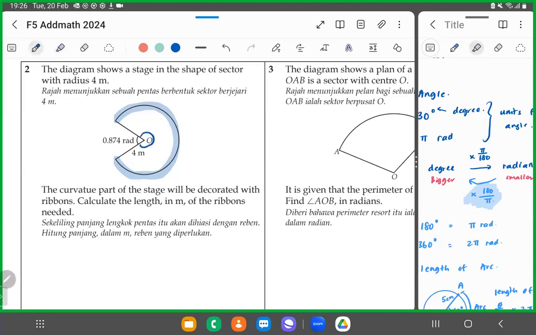Get the angle of this side: 360 degrees equals 2 pi. So you want to get the angle of this part, you take 2 pi minus the 0.8 something. If you feel very confused, doesn't matter. You change the radian to degrees, and then only you minus it. Can also.